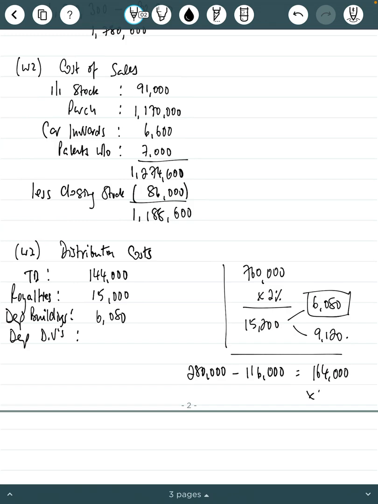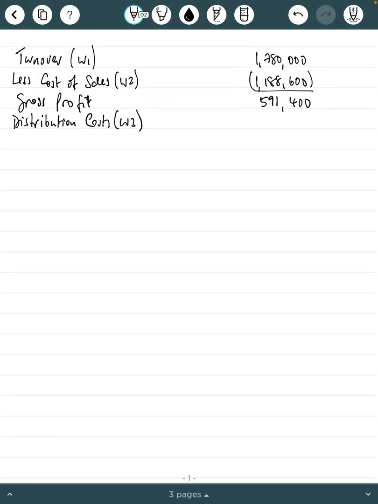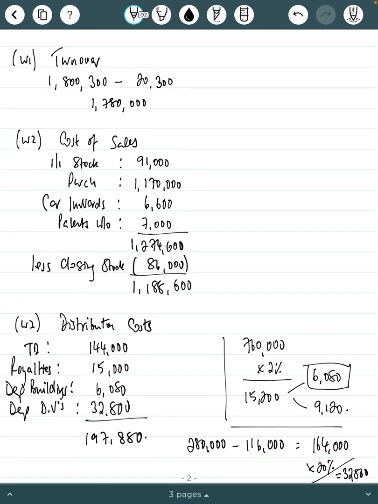All we do then is multiply that by 20%, and that will give you your figure, which is 32,800. So then your depreciation on delivery vans is 32,800. Now, there's all your distribution costs. We can add those together, and we get 197,880. So you can bring that back up now and put it into our P&L.